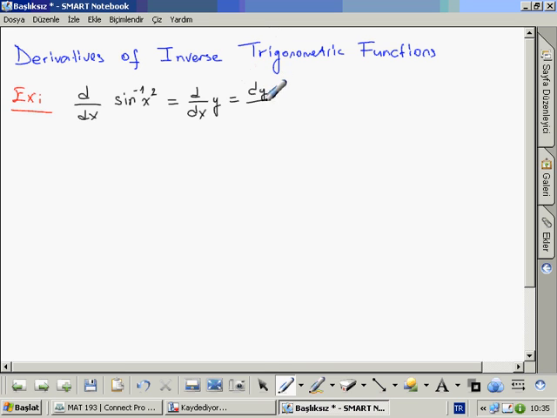We know that del y over del x, so y equals inverse sine x squared, okay.